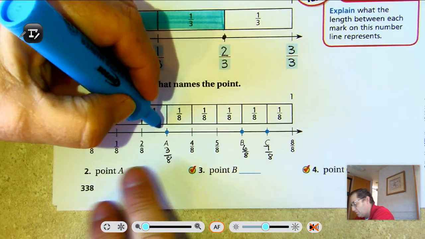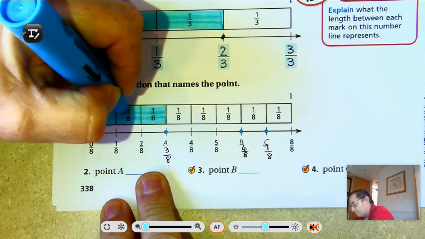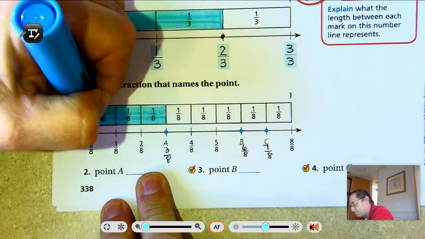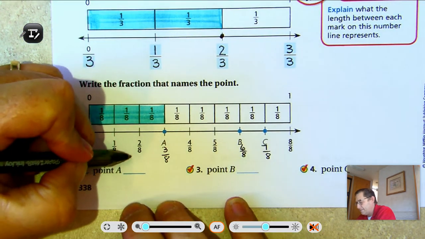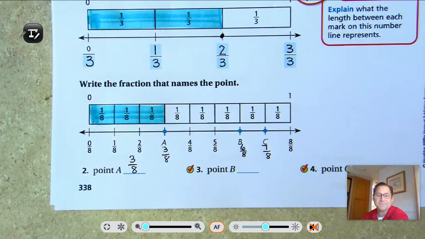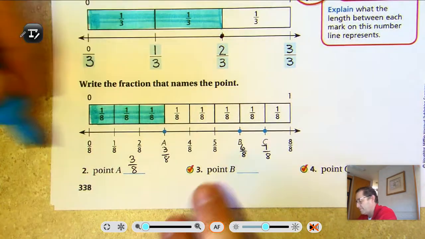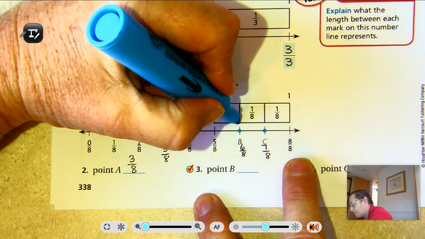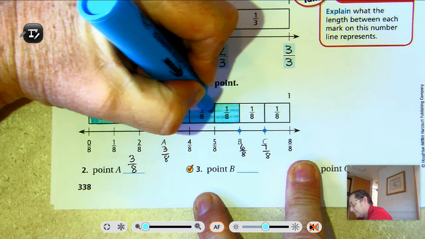So point A, where is point A? Well, from 0 to right there, and we noticed that we had 3 parts shaded, so 3/8. Where is point B? So we keep going along our number line, and we'd shade up to the next section.